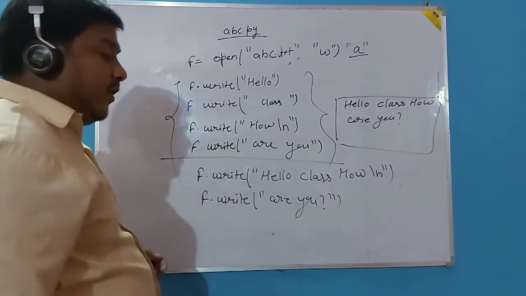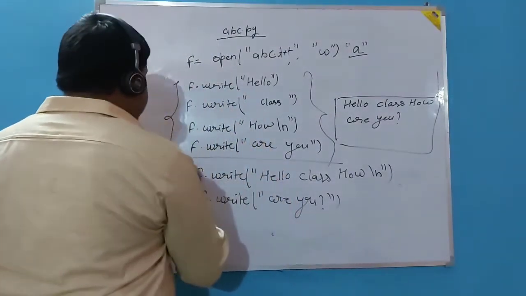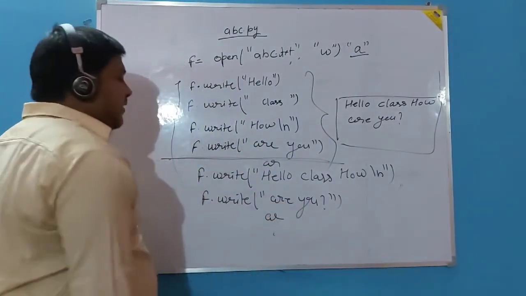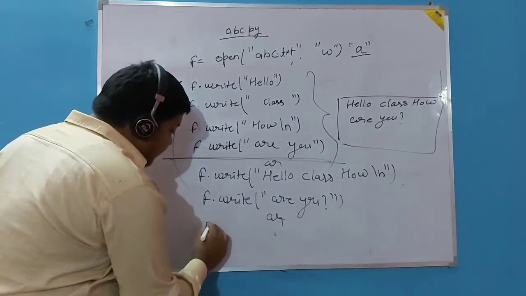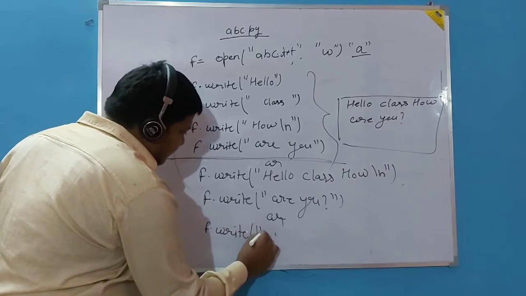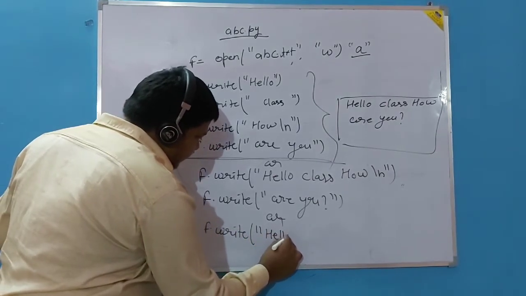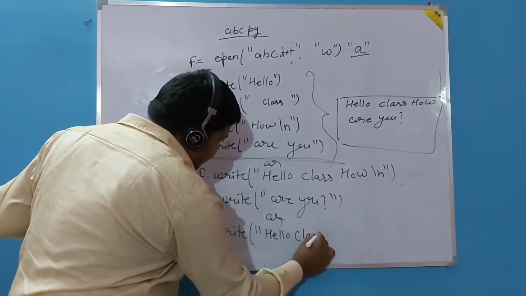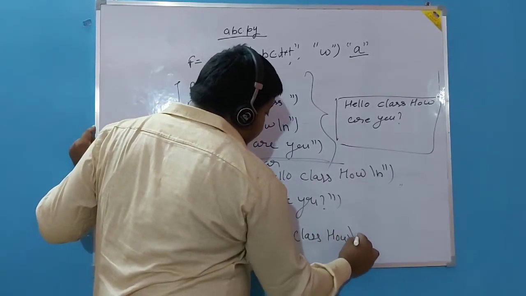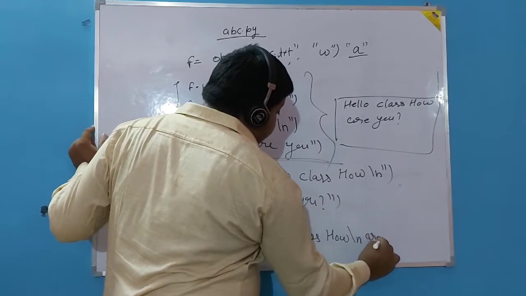Or if you want to write in one line, you write f.write hello class, how, then slash n, are you.